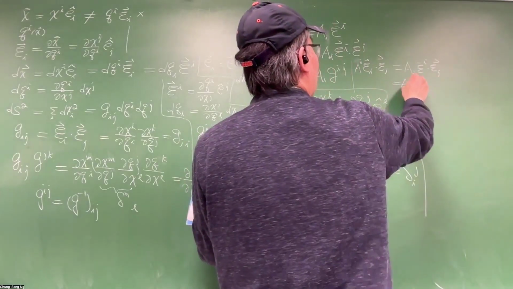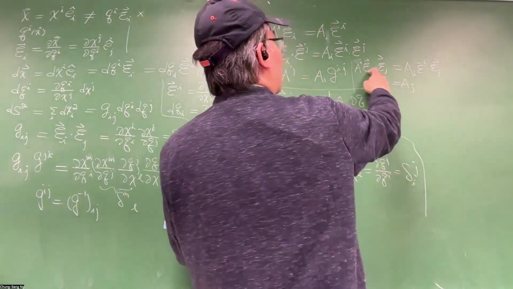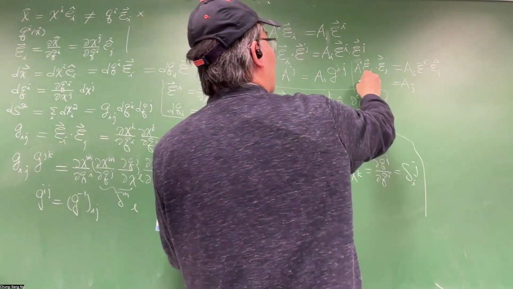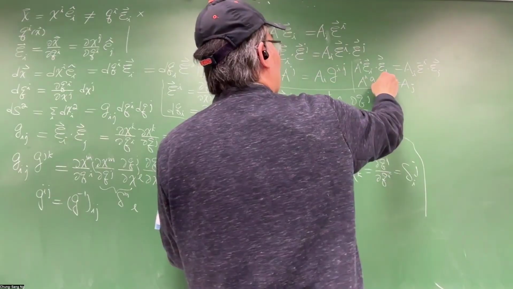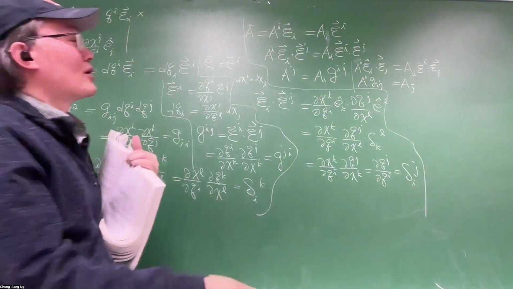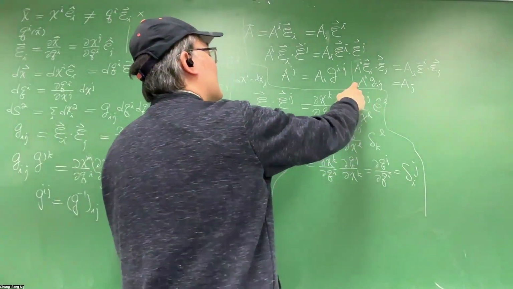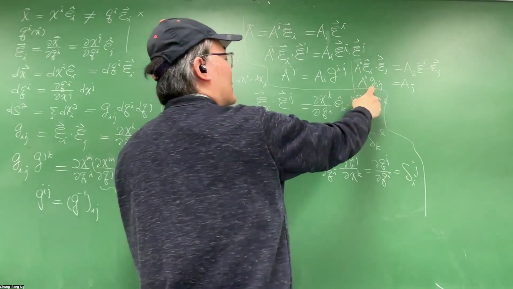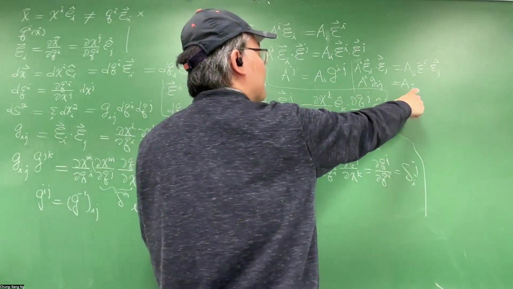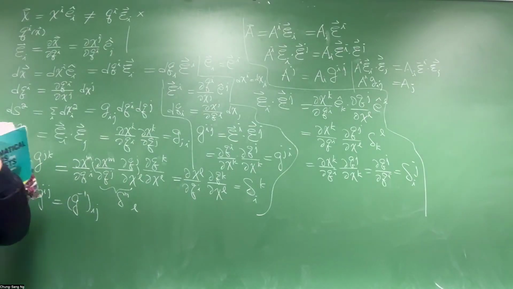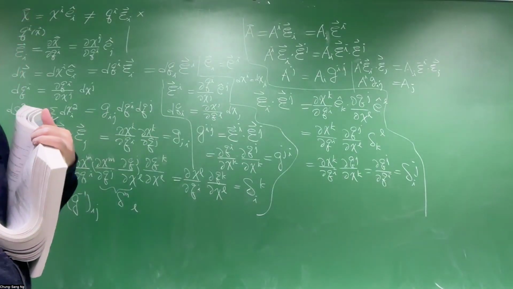This becomes A_j, and this is a covariant metric tensor. So you multiply a contravariant coordinate with a covariant metric tensor, you change it to a covariant coordinate. Okay, and that works for all indices.